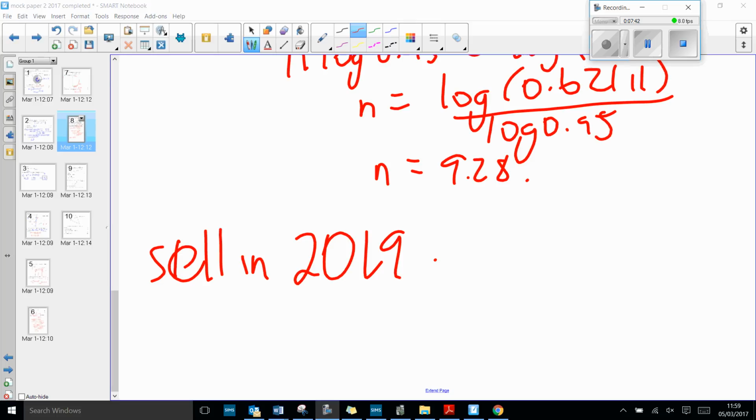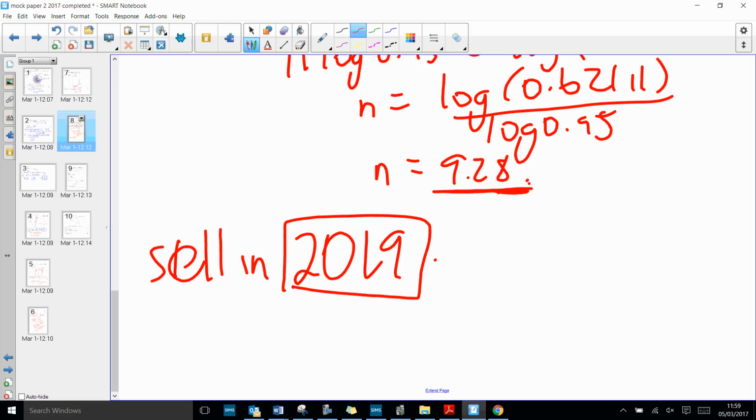Just to confirm, because it reaches 10,000 at 9.28, it's during that year that it's going to be sold. Hopefully that's clear, because you don't need to wait a full year to sell it, so you can sell it in 2019, 9 years after you bought it. Okay? Okay, let's see if we can get another one done.